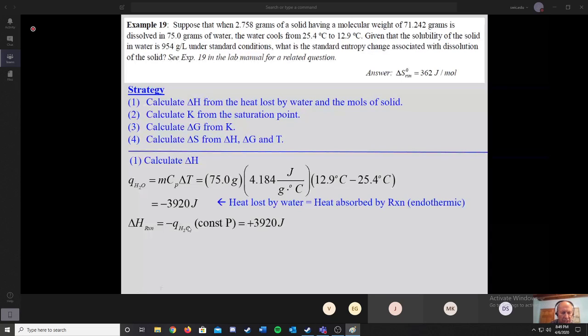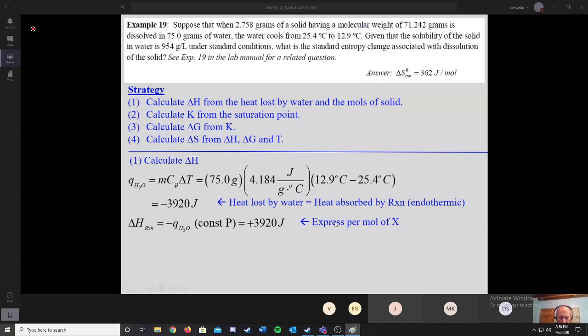So the delta H is equal to minus Q, which is plus 3,920 joules. And we reverse the sign because it's opposite to what the water did. For the water, heat was lost, but for the reaction, it was gained. So we have a plus sign for delta H. But for delta H, we need to know how many joules per mole.